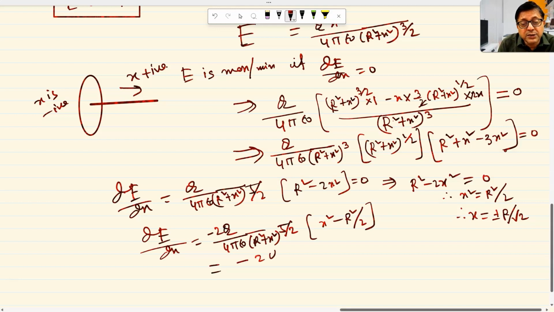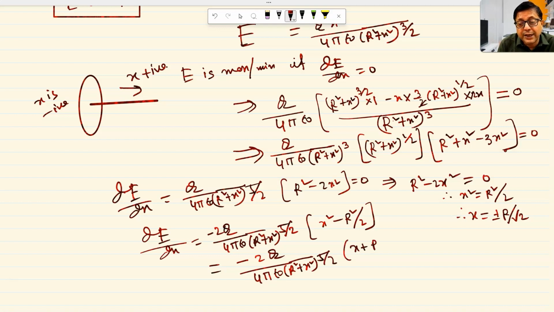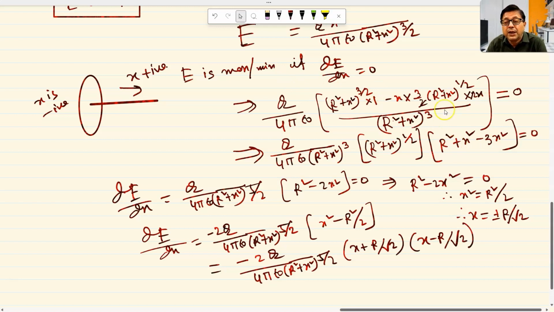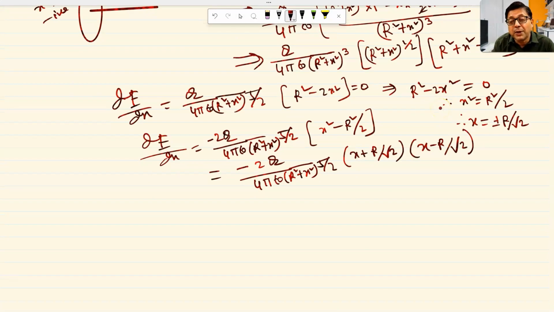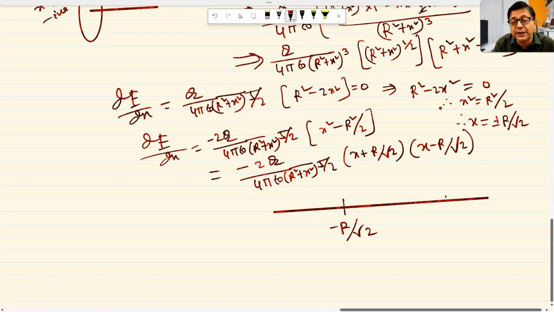So it is minus 2q by 4 pi epsilon 0, r square plus x square to the power 5 by 2, then x plus r by root 2, x minus r by root 2. You understand? Now take these 2 points on the number line. Number line contains these 2 points, minus r by root 2, and here it is r by root 2.